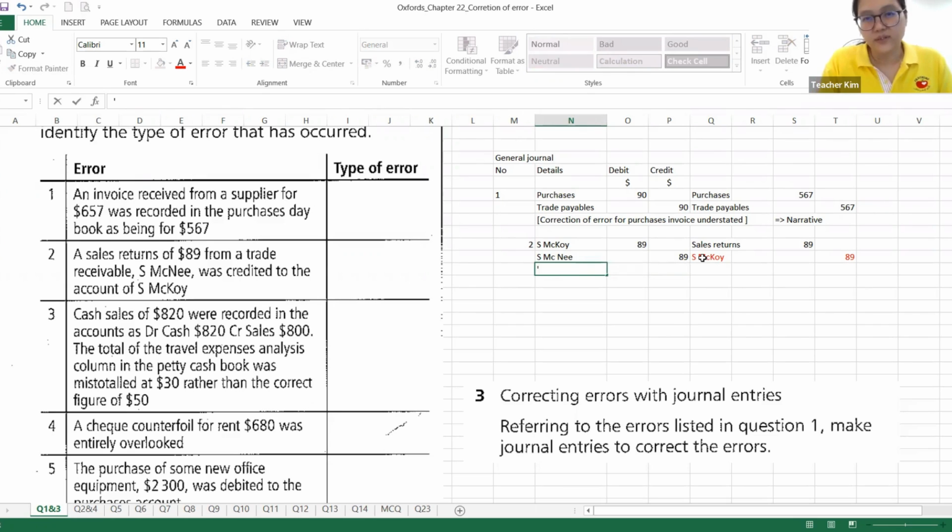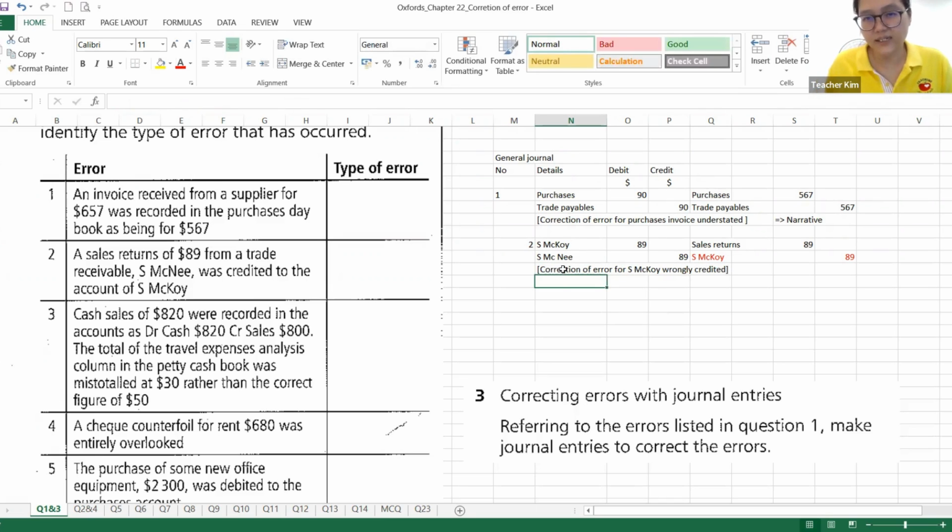So as usual, if the question asks for the narrative for it, what is your reason you put through this adjustment? You can say correction of error for S Mac coin account, or you can put S wrongly credited, also can.